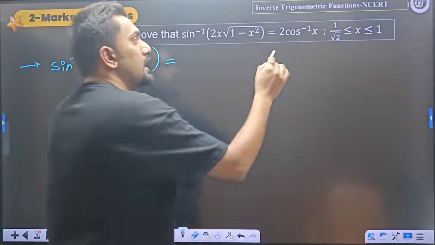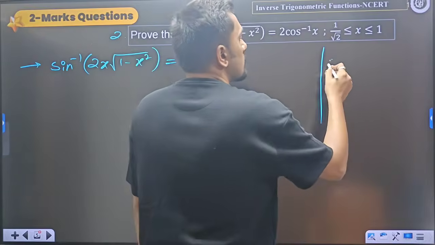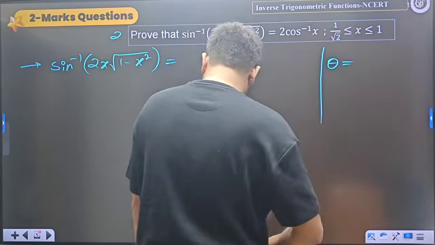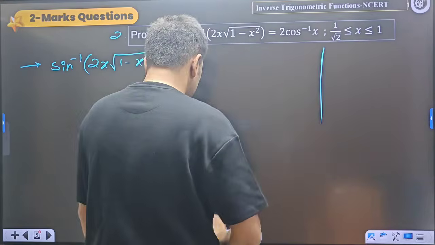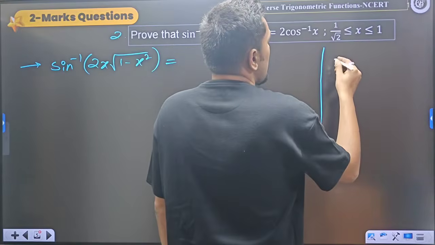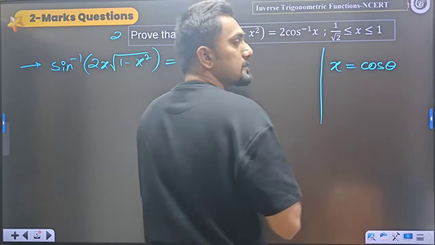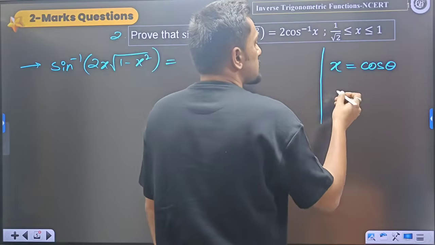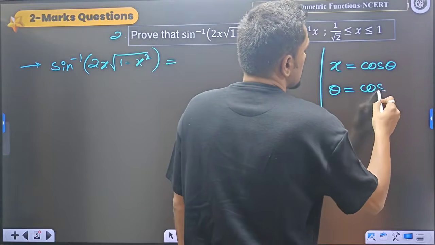Here, the RHS is cos inverse. So what I should do is put x is equals to cos theta, right? If I put x as cos theta, then theta becomes equals to cos inverse of x.